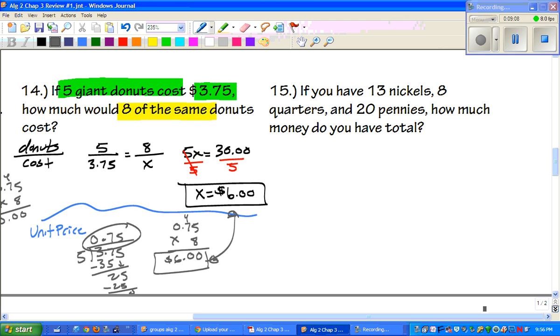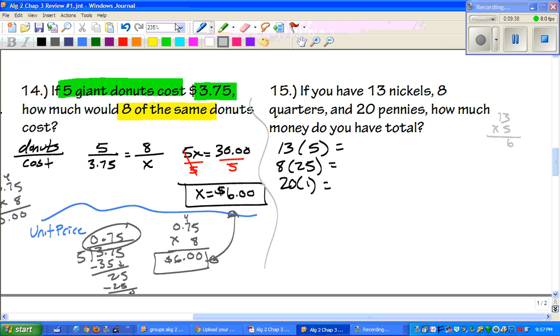All right, number 15. If you have 13 nickels, 8 quarters, and 20 pennies, how much money do you have? So just remember that we talked about writing this in cents. So 13 times 5, 8 times 25, and 20 times 1. Off to the side, 13 times 5: 3 times 5 is 15, carry 1, and you get 65 cents.